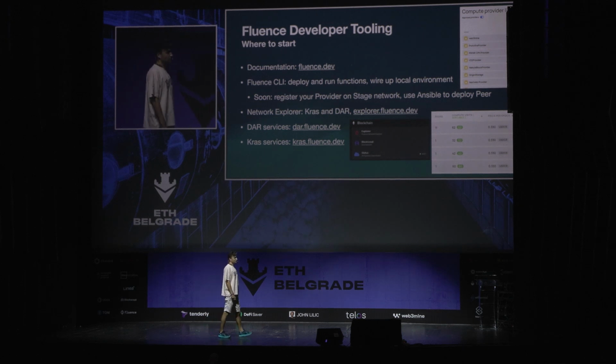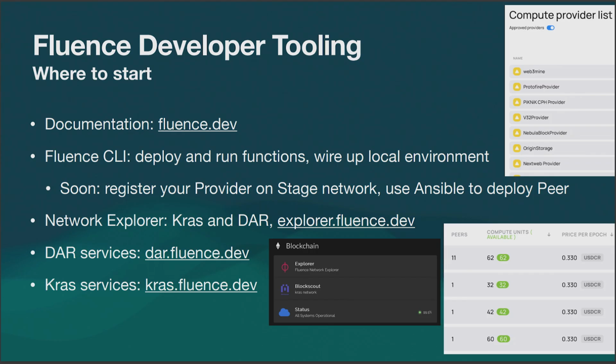If we look at the developer tooling, there's actually lots and lots of it inside Fluence. We have Rust SDKs, JavaScript SDKs, a programming language, a compiler for that programming language, a VS Code extension, and different IDEs are coming as well. We have so many things, but they all are packed into the Fluence CLI.